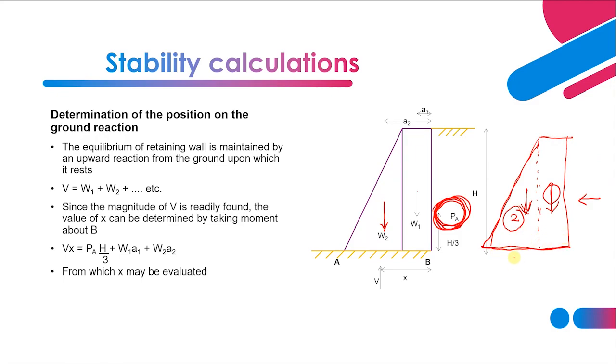Maksudnya bila you combine dua-dua, dia akan jadi macam ni kan. And then bila ground tu dia akan react, macam you belajar reaction masa part 1. You belajar pasal, you buat SFD, BMD, you belajar yang RA, RB reaction. So that is ground reaction. Kat mana sebenarnya reaction yang nak jadikan dia equilibrium, because whatever pushing down must be pushing up also. Jadi kat mana sebenarnya that force.